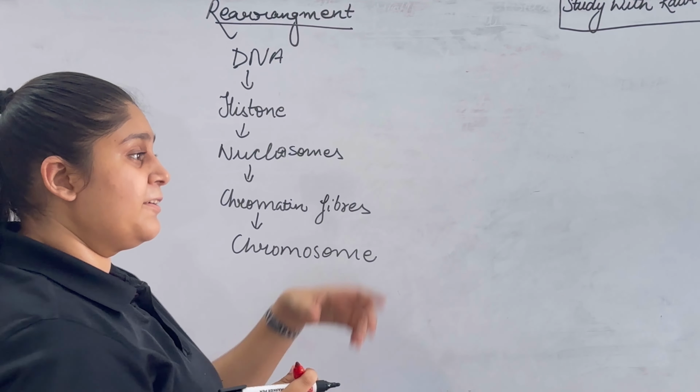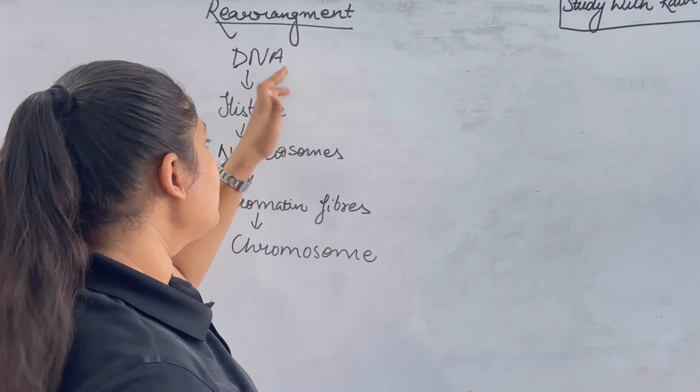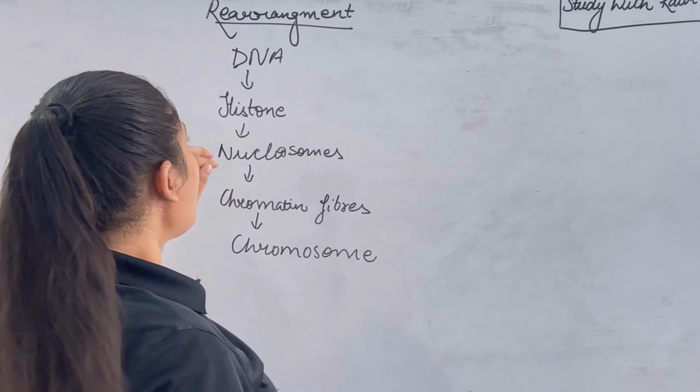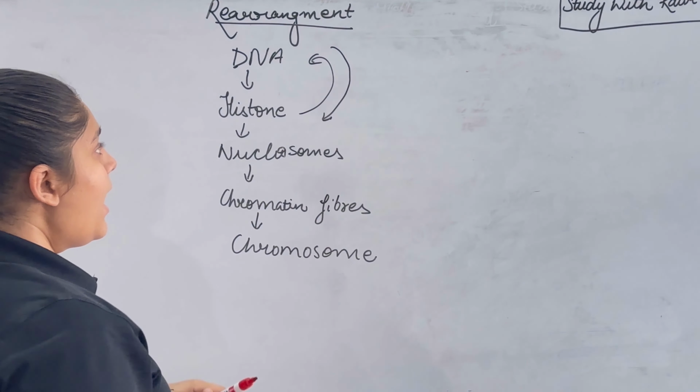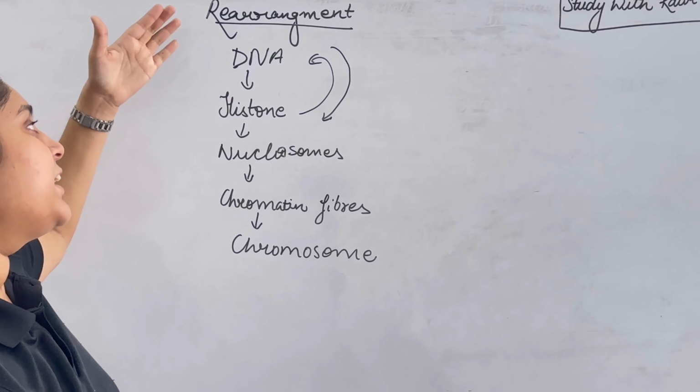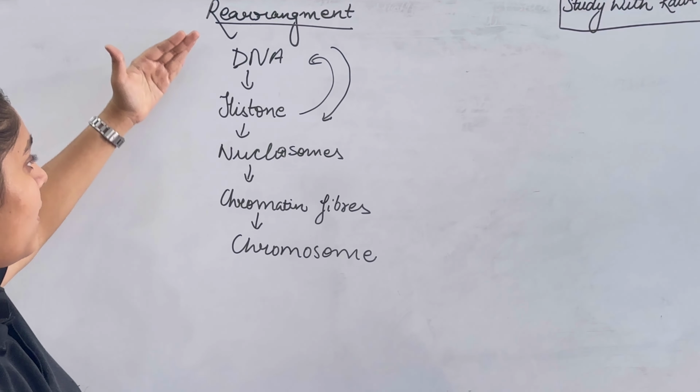Sometimes it comes that the first word will be underlined, and after that you have to arrange the rest in serial order. It can come over here, and it can also come over here. Whatever you get underlined, from there you have to start.